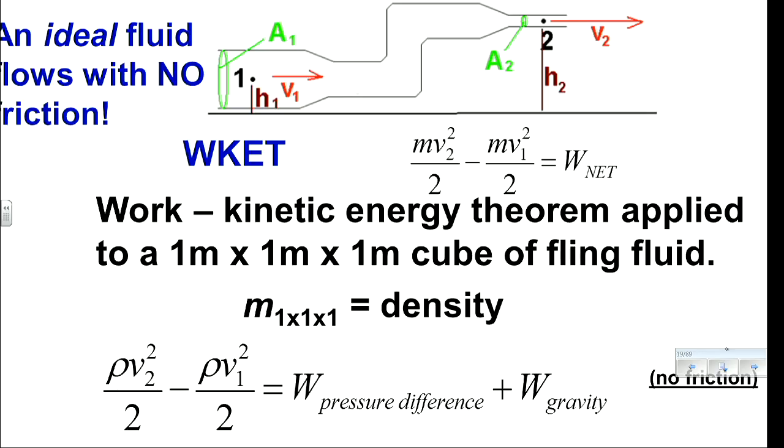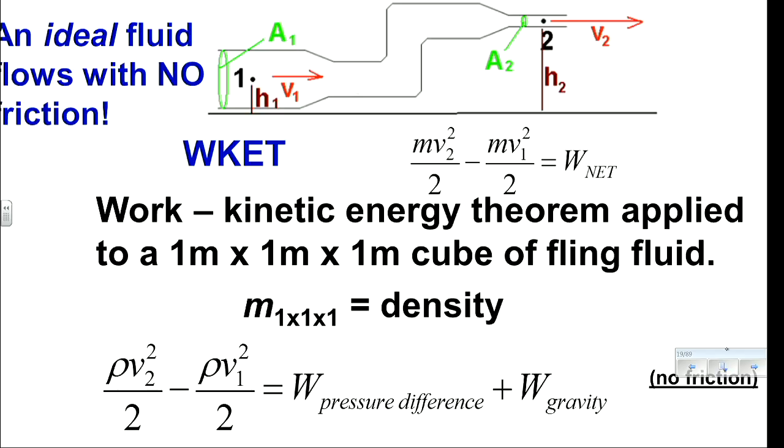I just want to say that since a fluid is not actually a particle, to describe its motion, we use 1 cubic meter of it. So we look at the motion of 1 cubic meter as a fluid particle.